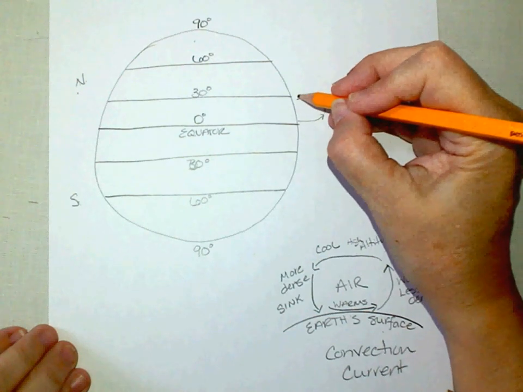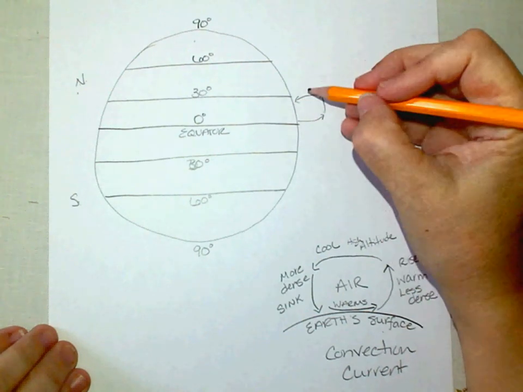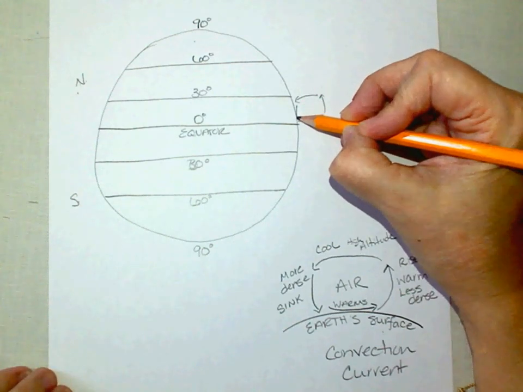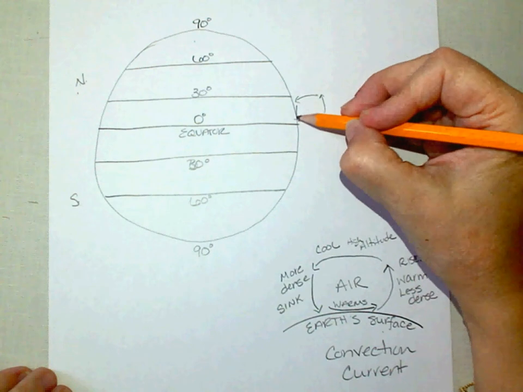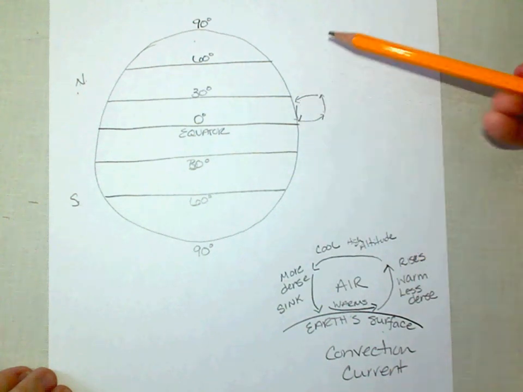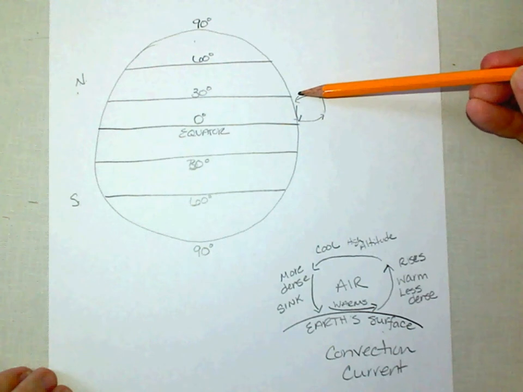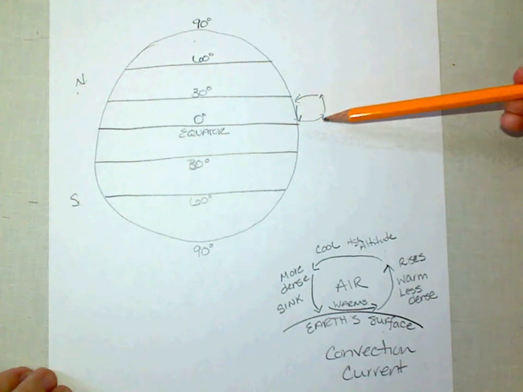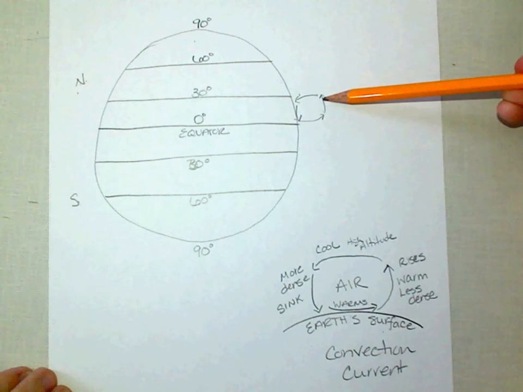Again, it doesn't crash into the surface, it moves across the surface of the Earth, warms up, and we get a cell of air. It's an interesting phenomenon that it happens right here at that 30-degree mark. So we get this equatorial cell of warm air rising, moving across being cool, coming back down, and continuing on.